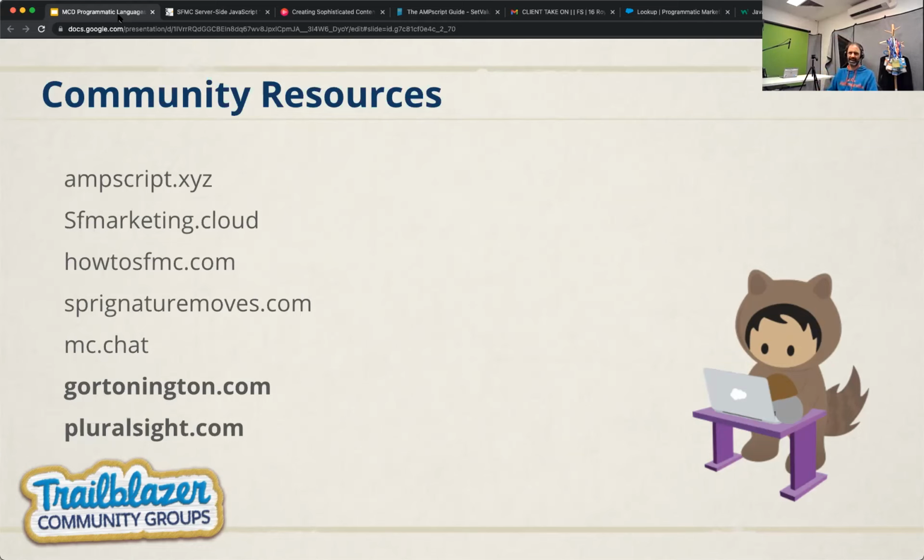We've got How to SFMC, which is a community resource where there are some good articles and you can participate in contests. I actually did one on server-side JavaScript a few months ago. We've got Adam Spriggs' blog, signaturemoves.com, again the co-author of the AMPscript guide, with some great tidbits on using AMPscript.